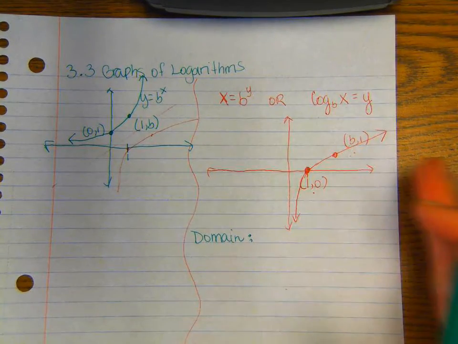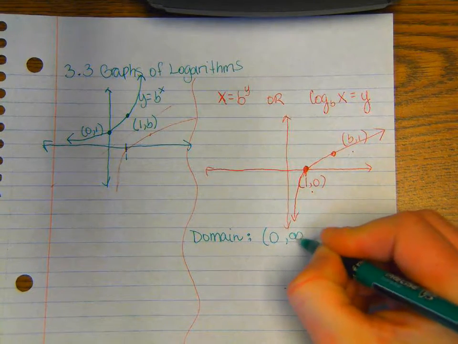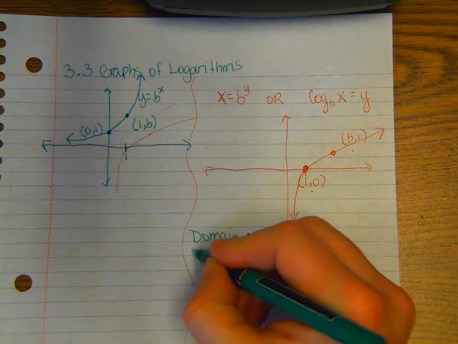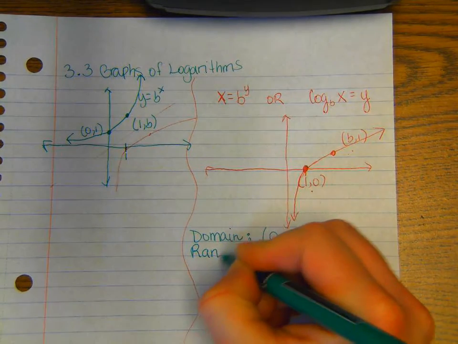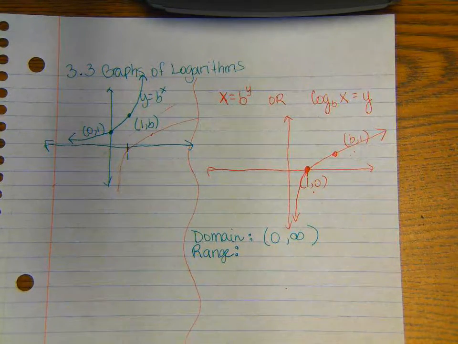What does it appear that the range is? Bottom to top? All real numbers, good, or negative infinity to infinity.